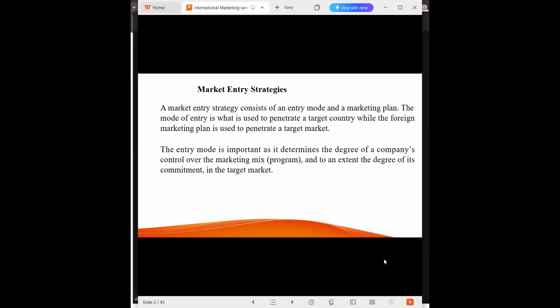And the degree of its commitment in the target market: how consistent they will be, not only in supplying the product, but also having the same content, like raw material, in terms of taste, design, and the rest over time. So there are a lot of decisions, a lot of factors that one will have to consider when engaging in international marketing. So the entry mode is quite important for every organization.